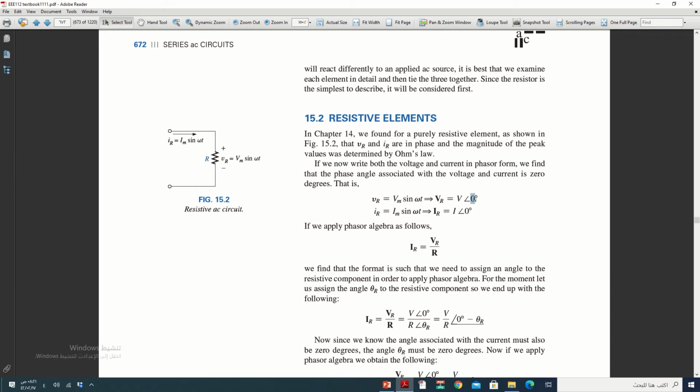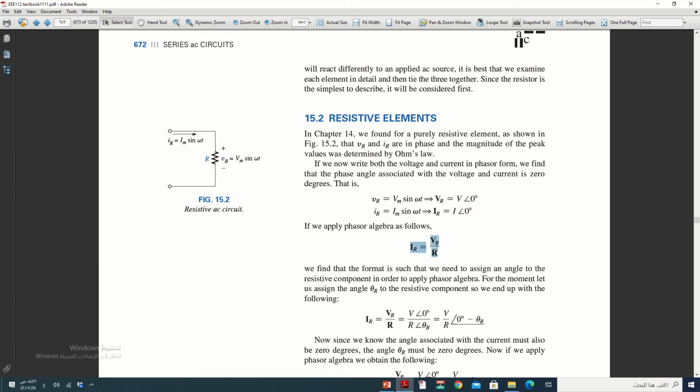We put zero angle since there is no shift, and similarly for current, small i means the sinusoidal expression. If we write capital I, capital IR, this means the I here is RMS, which is Im divided by root 2.